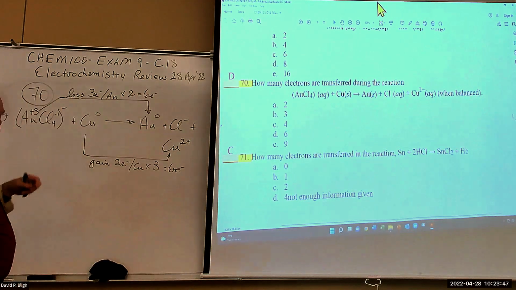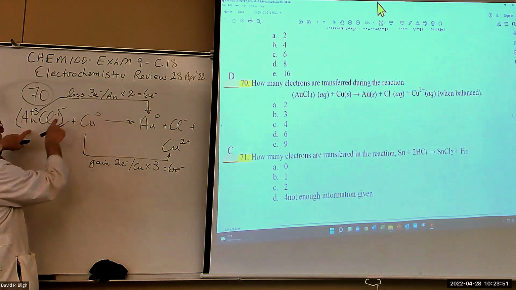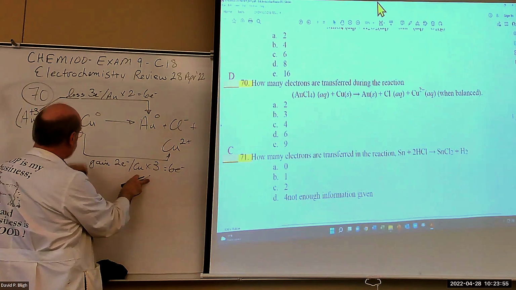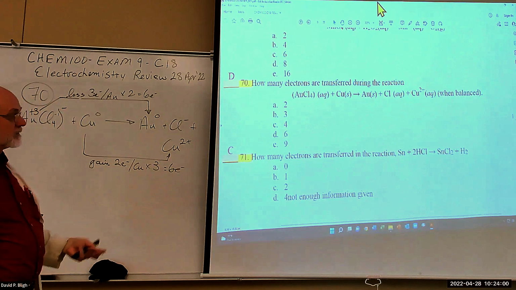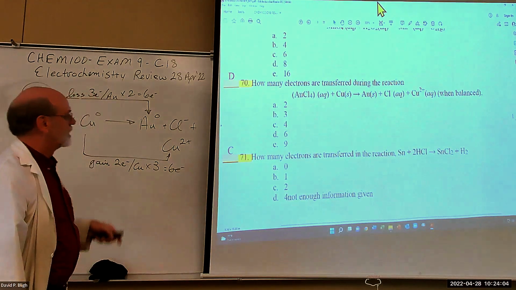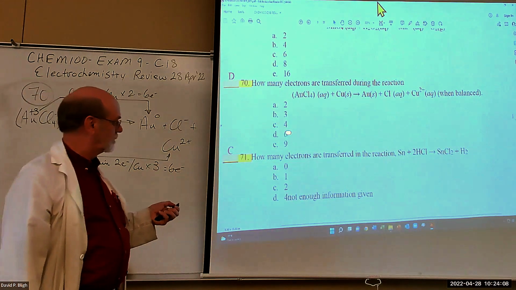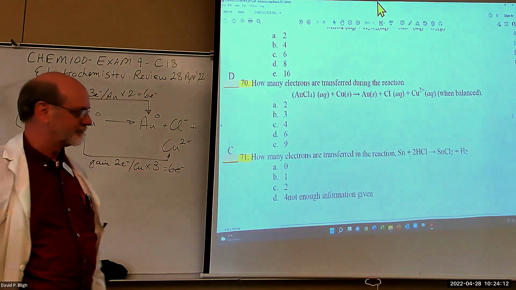Okay? So for the gold, we need to multiply by 2. So it'll be 2 of these and 2 of those, and 3 coppers. But to answer the question, all we need to know is how many electrons are transferred. 6 electrons are transferred. Right? Answer the question, move on.